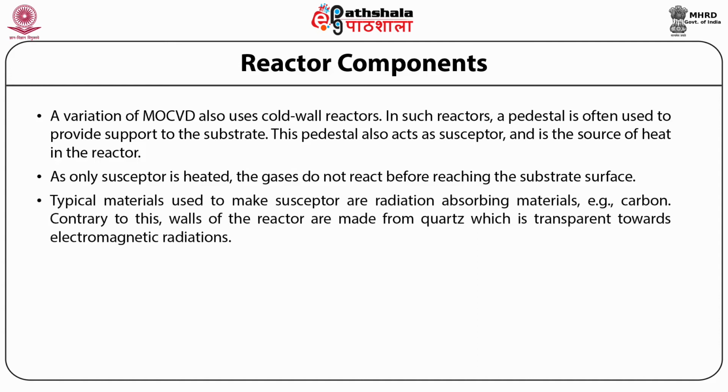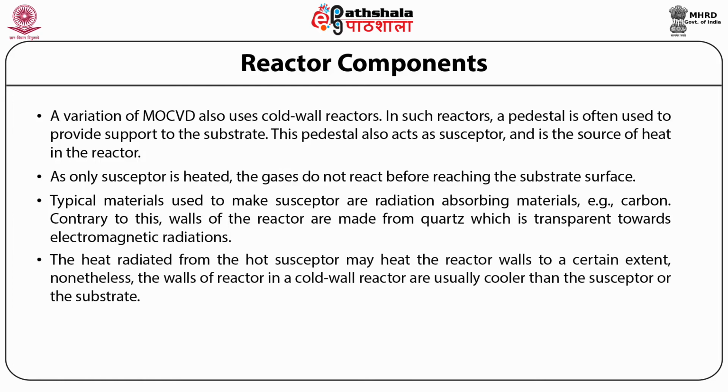Typical materials used to make the susceptor are radiation absorbing materials, for example carbon. Contrary to this, walls of the reactors are made from quartz, which is transparent towards electromagnetic radiations.